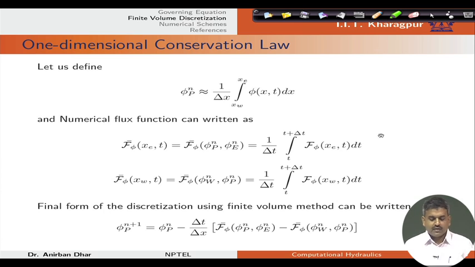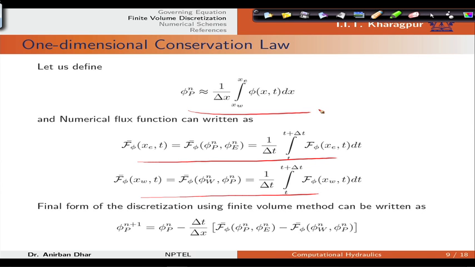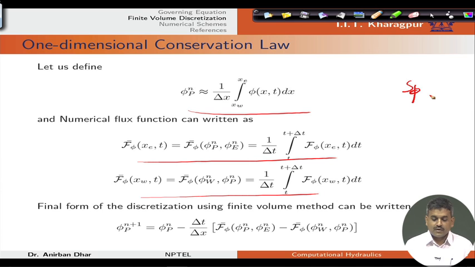Final form of the discretization, if we simply replace these terms. Of course, in this case we are not considering S phi because the discretization of S phi depends on its functional form and more or less that is constant.